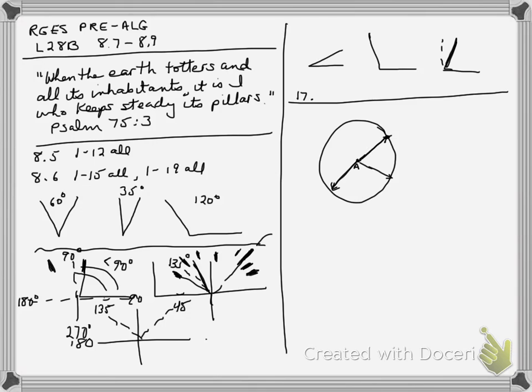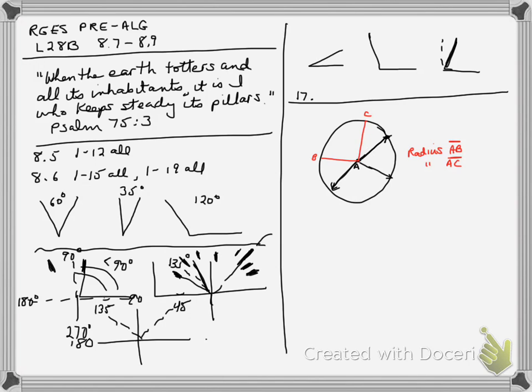Okay, so I'm going to get another color here. This is radius from the center to the outside, radius AB. And it is a line segment with endpoints A and B. This is radius AC, and the length of radius AB equals the length of radius AC.